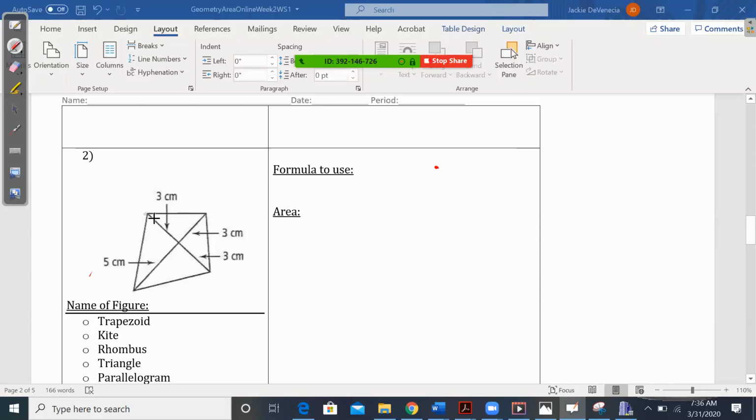One of them is being bisected by the other, or cut in half, and it looks like it's forming right angles. So with this one, I could go ahead and mark this as my kite, and the formula I need to use is area equals 1/2 d1 times d2. If they're next to each other, they're being multiplied.